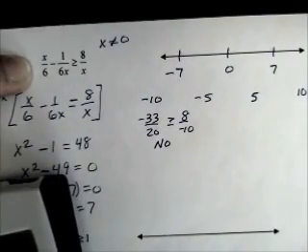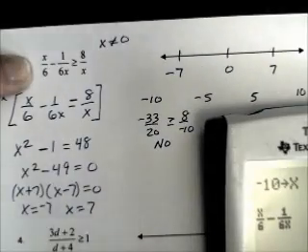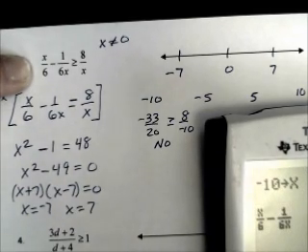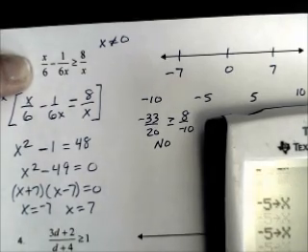Next, -5. -5 stores x. Second enter twice. Oh, it's not coming up with a fraction.